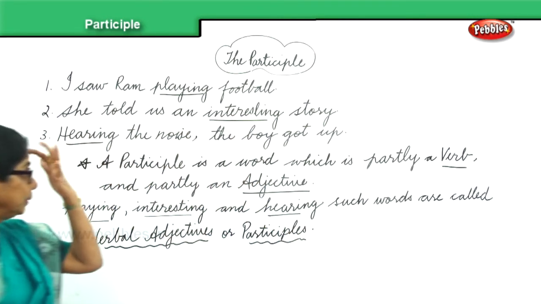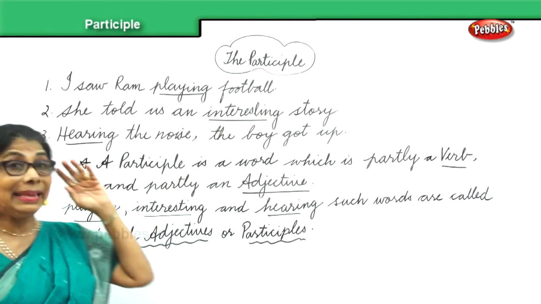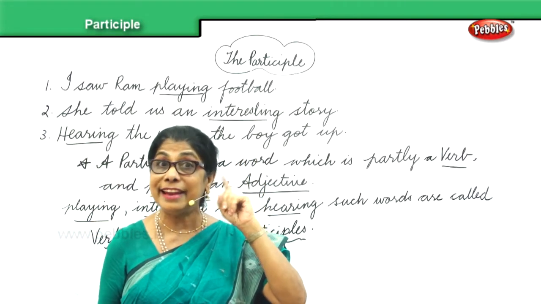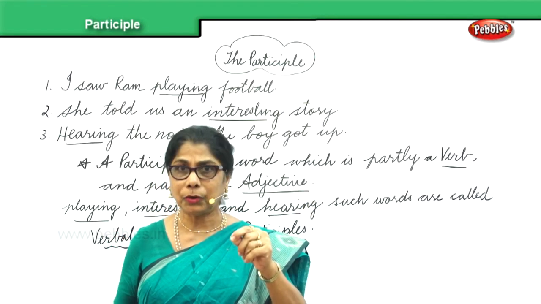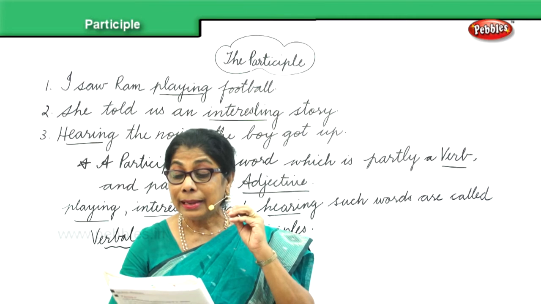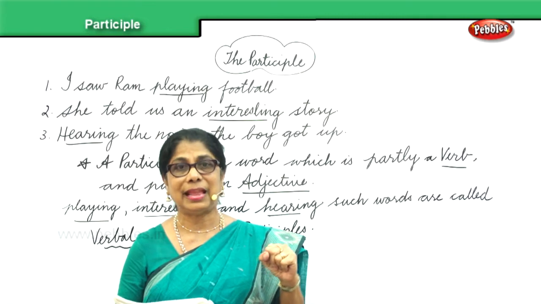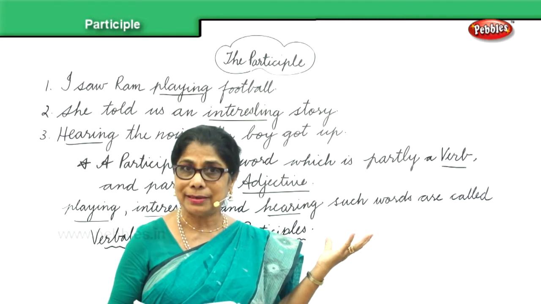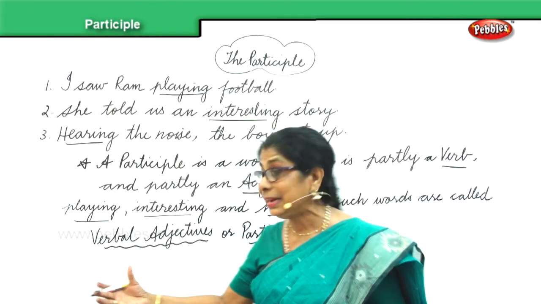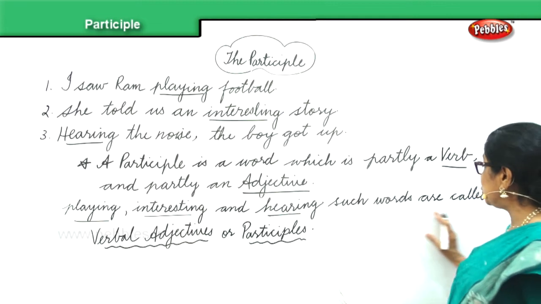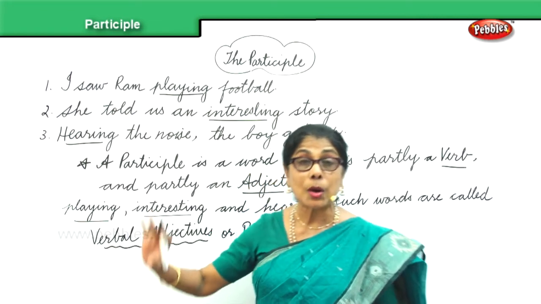Okay, now we said the verbs playing, interesting, hearing qualify the nouns football, story, and the boy. So it is almost doing the work of a verb and an adjective. Therefore, such words like playing, interesting, and hearing, we call them verbal adjectives or participles.